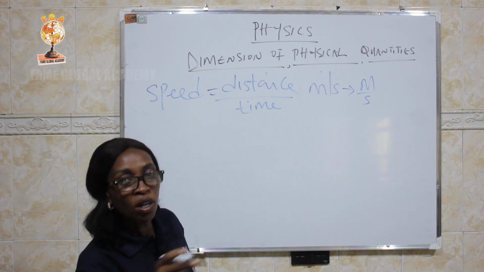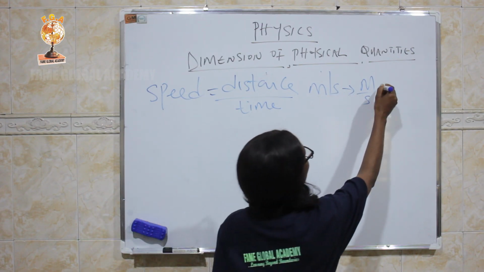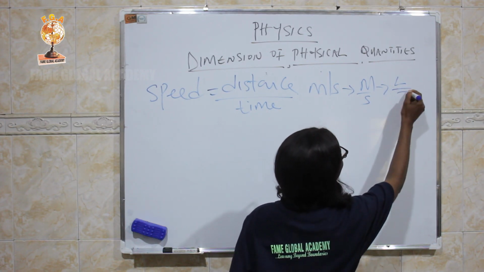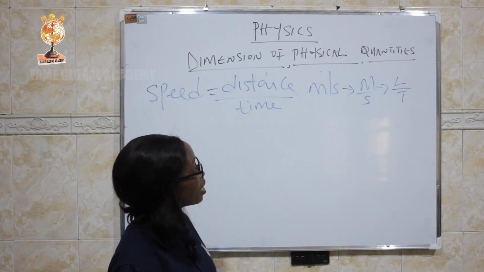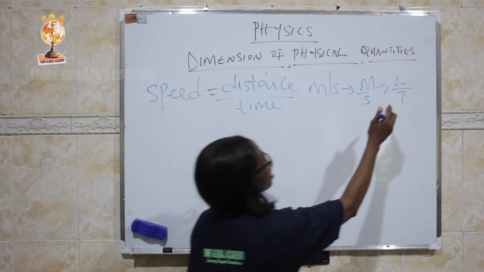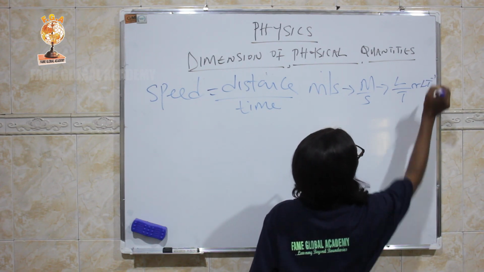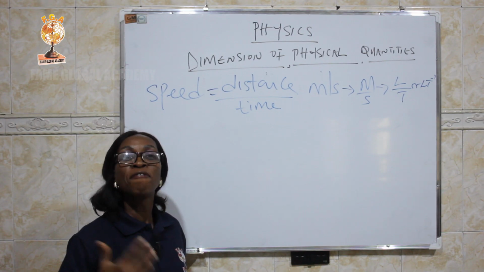And the dimension now, because we're talking about dimension. Dimension for distance, remember I said is what? L, and T is what? T. Now this is now the dimension for speed. So this is also the same thing as LT minus 1. So we write like physics students.